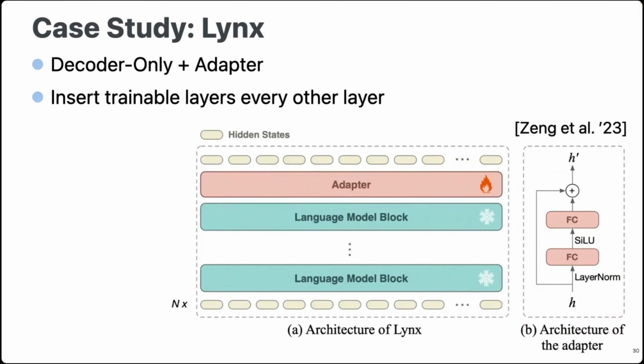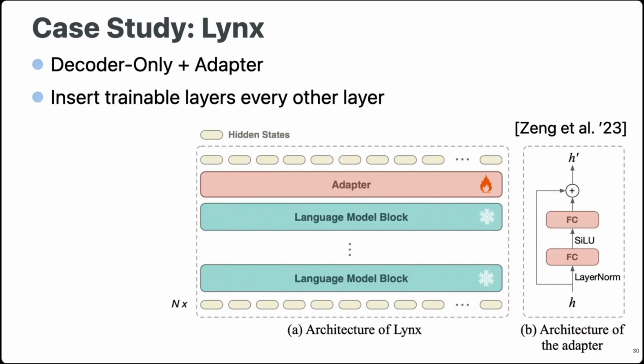Here's a case study. I think it's quite interesting. One of the star models, I have to say, is called Lynx. It's a mix between a Decoder-only model and an adapter. They're using the Decoder-only model, but also inserting one adapter layer alternatingly between the frozen layers.